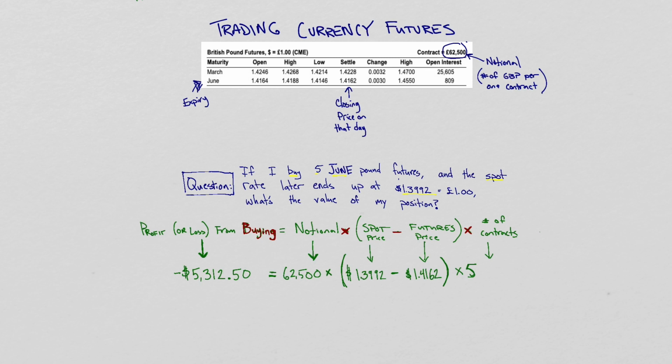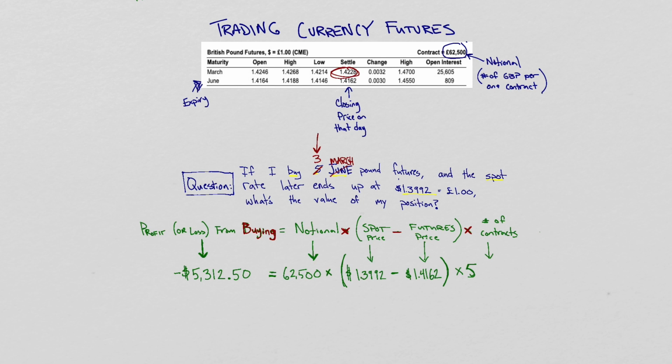But that's pretty much it for calculating futures profit or loss. So if you have another question where, maybe, you wanted to calculate the profit or loss from buying 3 March futures contracts, then you just need to substitute out a few things in this formula. That is which settle price you're looking at: we're no longer looking at June, we're looking at March, and how many futures contracts we are buying.